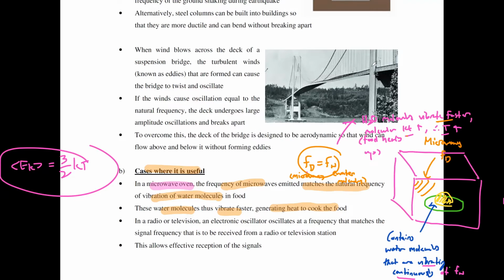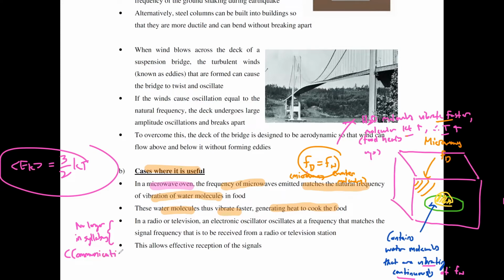Now the last part, where we talk about a useful example of resonance, is actually no longer in syllabus. What it is describing is no longer in your syllabus because it relates to something from the Communication chapter, which has been removed from your A2 for 2002 onwards.